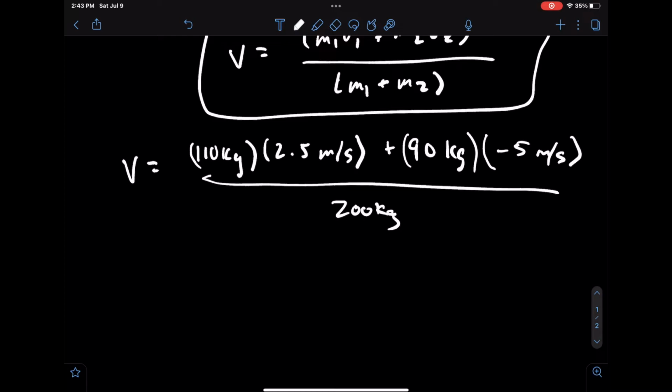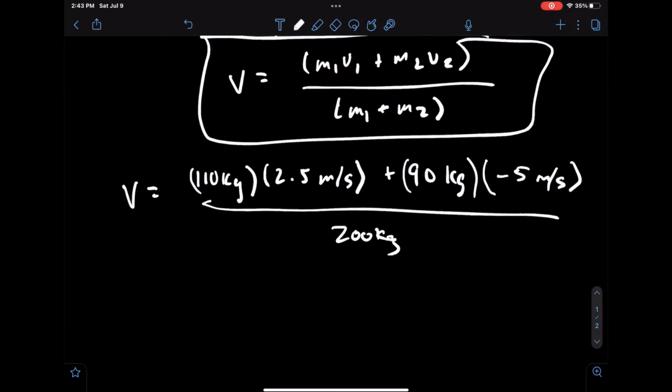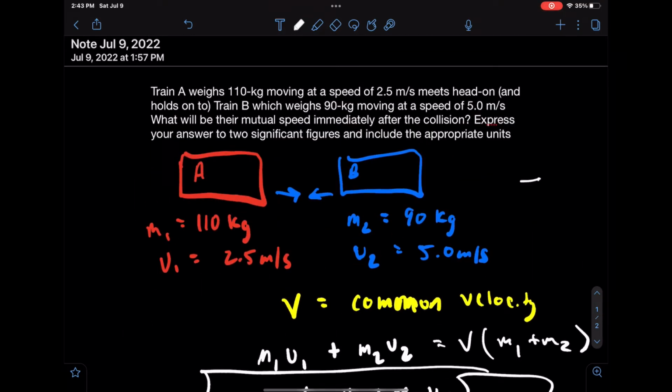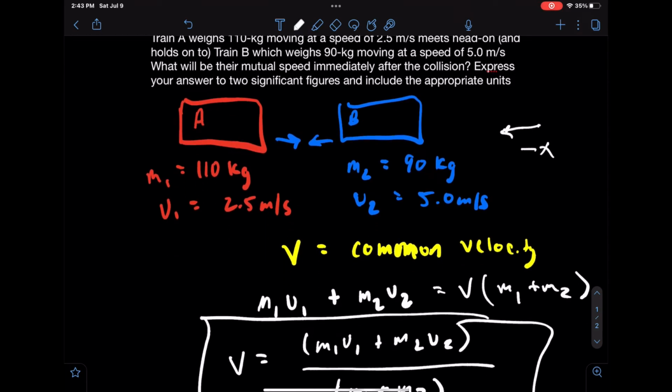The 200 kilograms is just the masses added up. And the reason that the velocity right here is negative 5 is because train B is moving in the negative x direction. Therefore, its initial velocity will be negative.